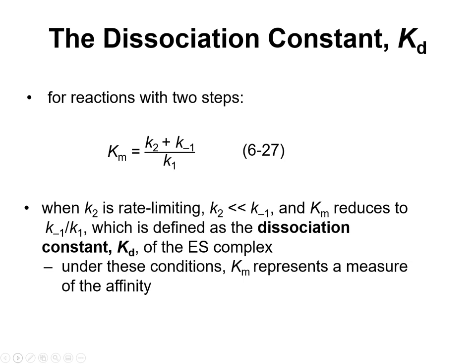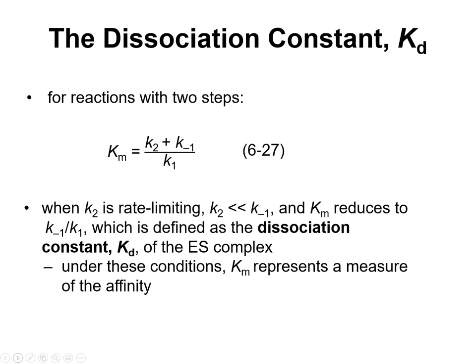Now let's say that you actually have a reaction with 2 steps. The Km is kind of a catch-all for a more complicated equation that involves all of the rate constants. Remember, the lowercase k that is italicized is a rate constant.